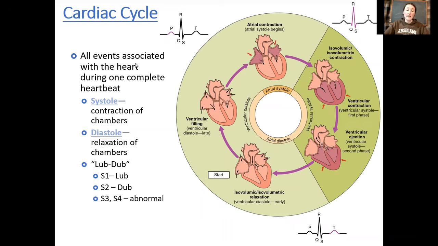Remember, as I mentioned in our last class together, the right and the left sides of the heart are essentially two different pumps, but they are working at the same time. So as the right atria are doing something, so too are the left atria. The right and the left ventricles are also doing the same thing at the same time. So these two pumps are working simultaneously.